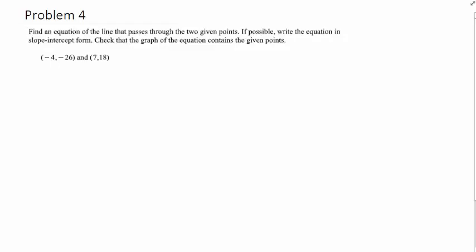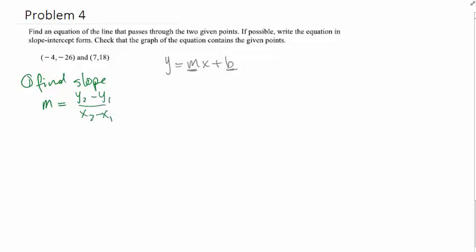So this is a slope-intercept form. Y is equal to mx plus b, and we want to find the slope and the y-intercept. To find the slope, we're going to use the y2 minus y1 over x2 minus x1 equation.